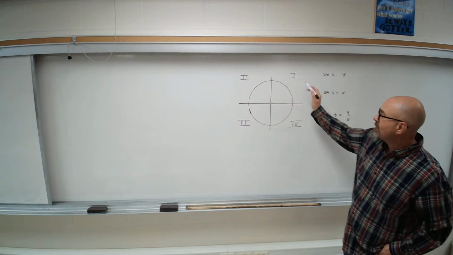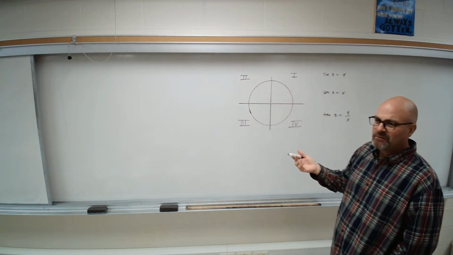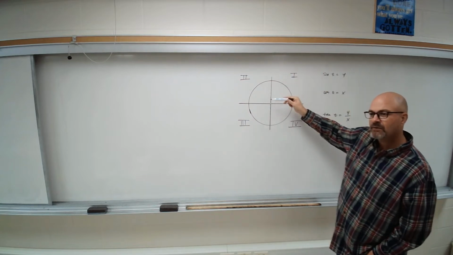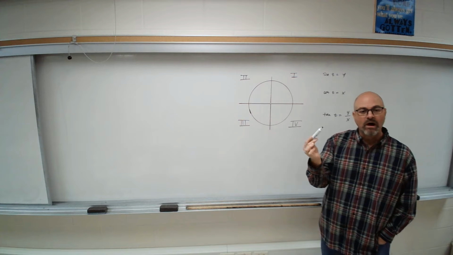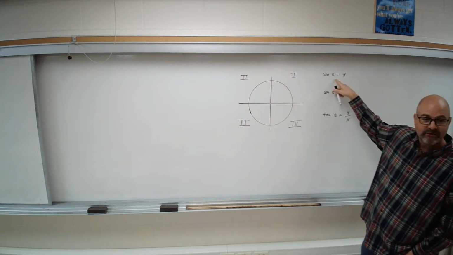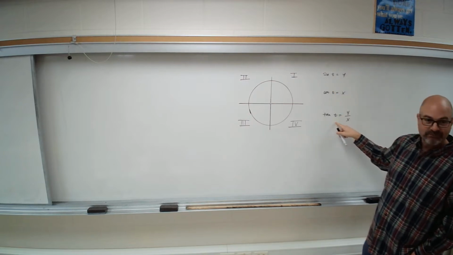So let's look at, I just have a coordinate plane. I put a circle there, not really sure we needed it. But I want to think about the first quadrant, right? In the first quadrant, we know x and y are both positive, right? So, would sine be positive? Sure, it's the y value. Cosine? Tangent? Yeah.